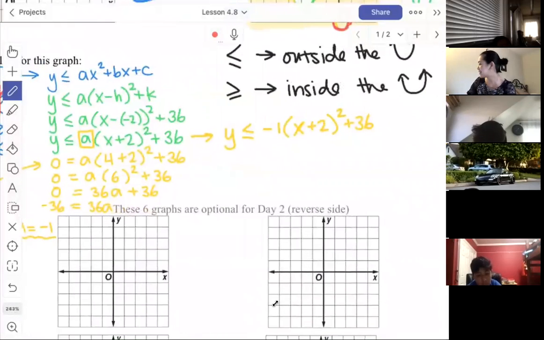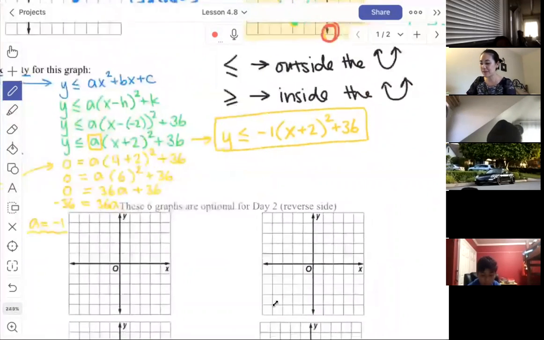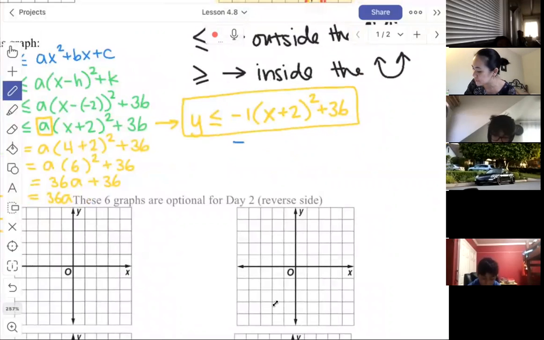It doesn't specify standard form, so we can leave it like this. Or if they do say standard form, all you have to do is multiply it out.